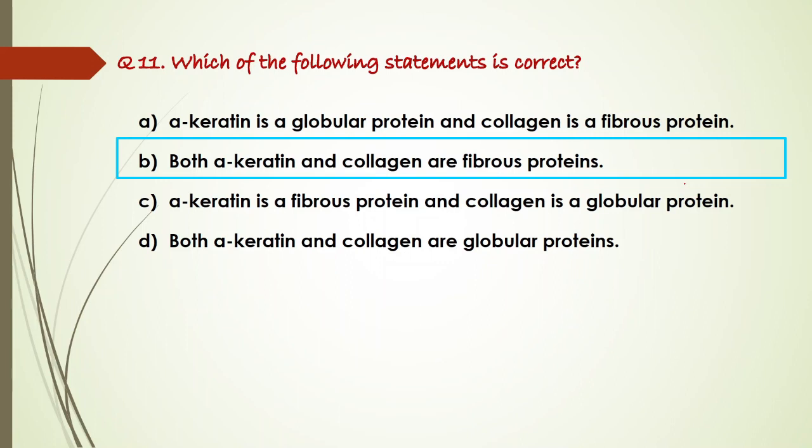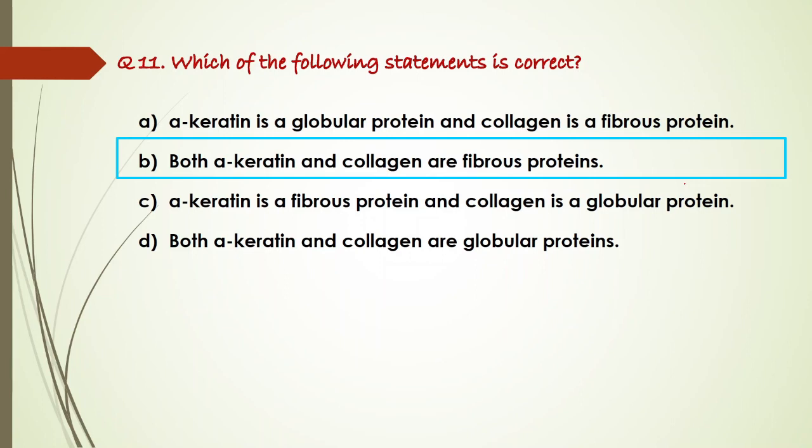If you look at the structures of the fibrous proteins, they look like ribbons bound together. So basically they give you strength. They are very strong. So collagens found in our skin, bones and connective tissues are also fibrous proteins.